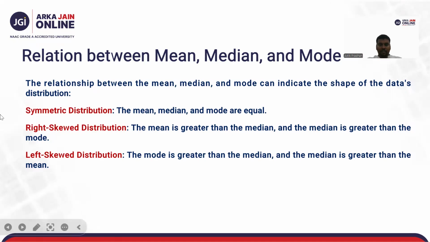So we have discussed symmetric distribution, where the values of mean, median and mode will be equal. Now the second kind of distribution is called right skewed distribution.